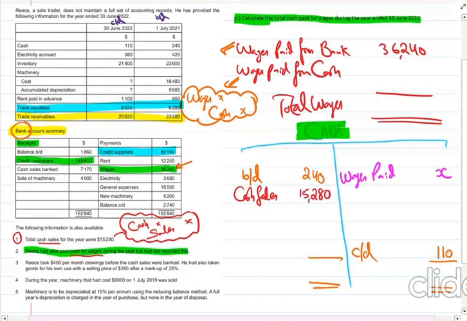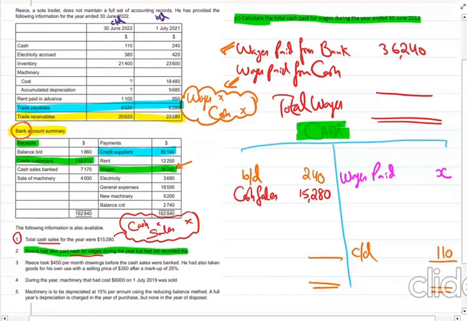Because of the cash sales, our cash balance is debited. Correct me if I am wrong. Yeah, makes sense.